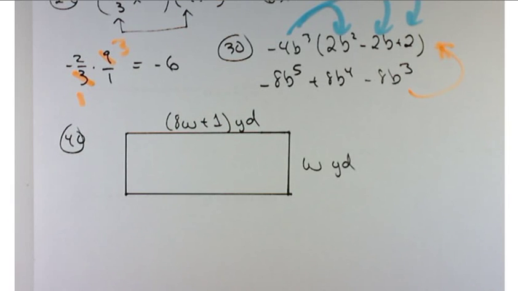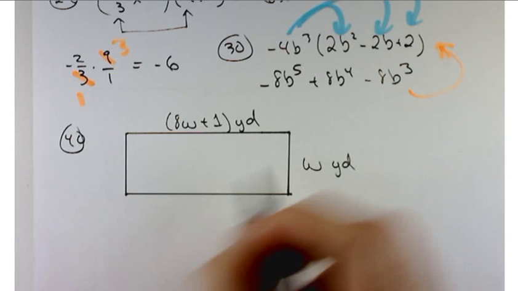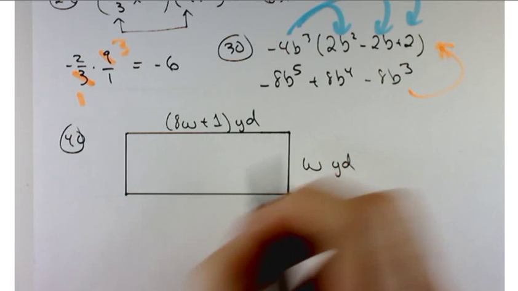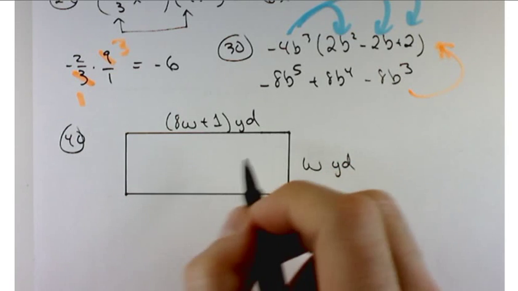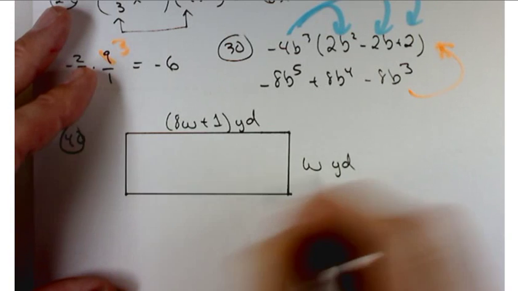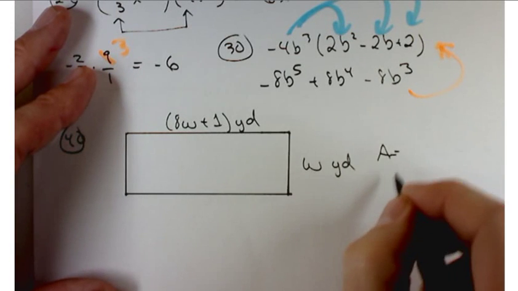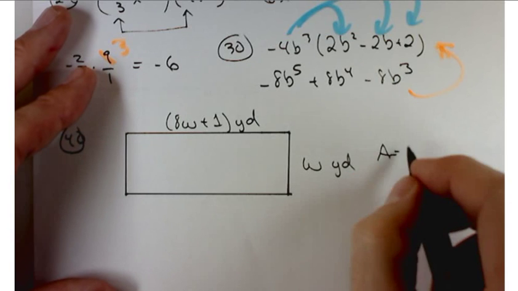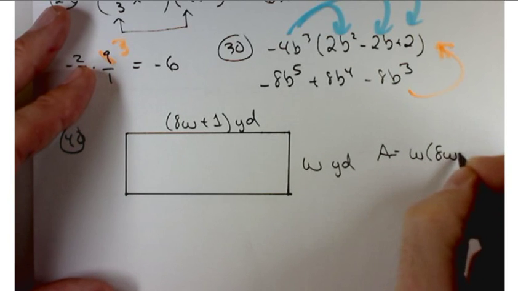How would you find the area of a rectangle? Yeah. The area of a rectangle is just the width times the height, or the width times the length. It's just the product of these two sides. So the area is going to equal W times 8W plus 1.